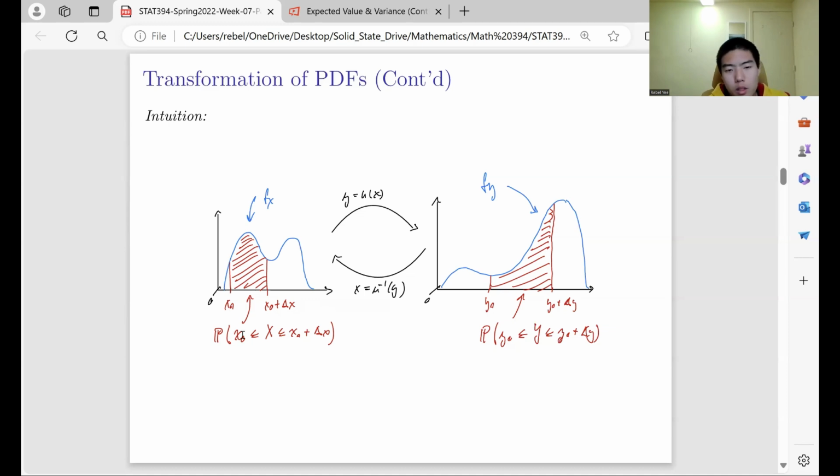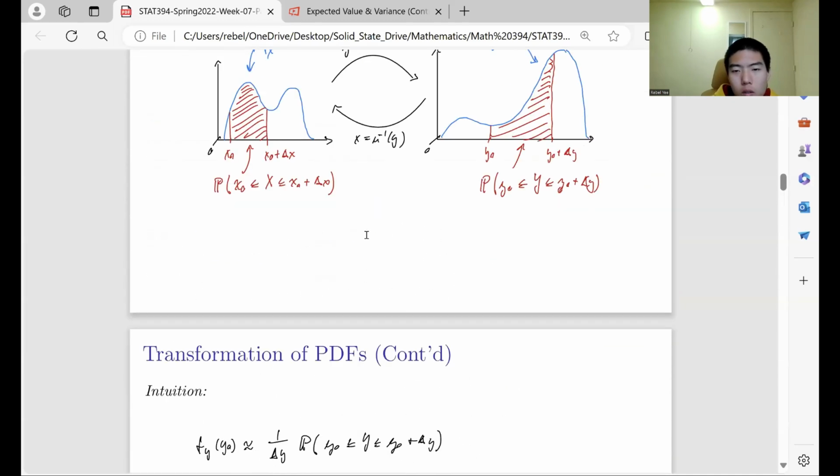So this is the probability from x0 to x0 plus delta x, and after transformation it becomes y0 to y0 plus delta y. How do we understand this? If delta x goes to 0, this region becomes really narrow, so we can see how the probability changes at each spot x0 on the continuous random variable.